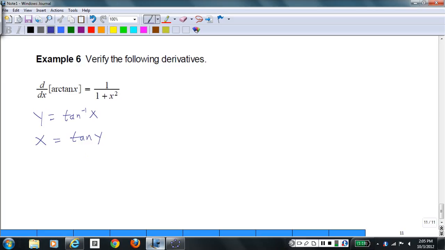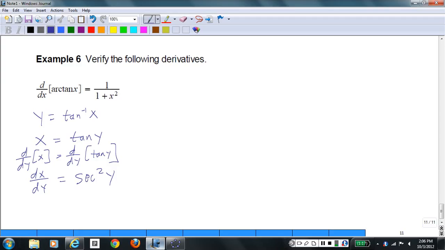What's the derivative of the tangent of y with respect to y? Maybe I should say this, ddy of x equals ddy of tangent of y. Dx dy equals, it's as simple as it seems, if we remember the derivative of tangent, secant squared of y. All right, that's dx dy.